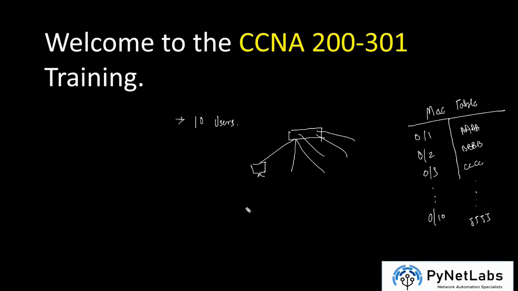Now these are the known 10 users which have to be connected using the switch. So now let's assume there is one attacker also. If you configure port security, the moment this attacker connects to any of the ports between 0/1 to 0/10, the port will go down.